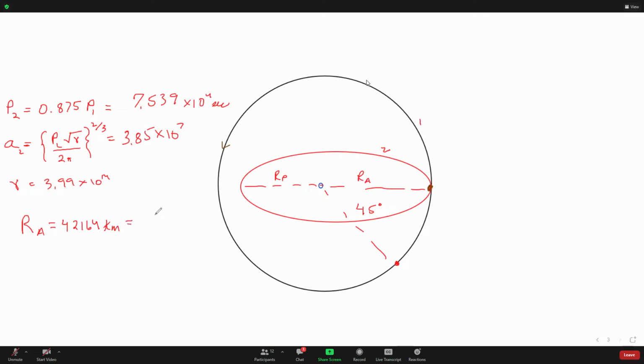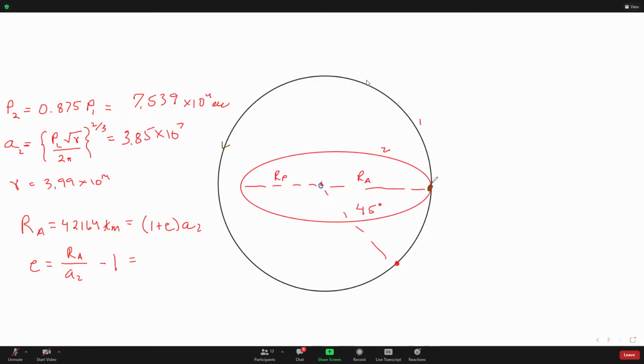And that must equal 1 plus the eccentricity times A2, so E is equal to RA divided by A2 minus 1. So A2 is the number that Adam just calculated, and RA is just the radius of the geostationary orbit.